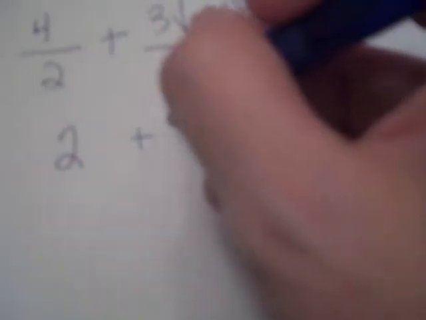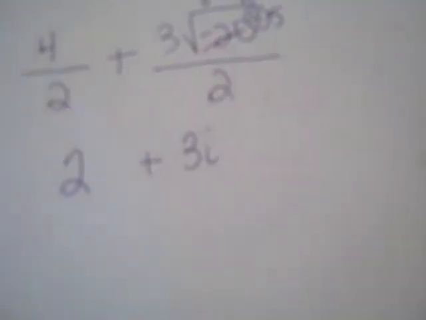And remember, we're getting kind of cluttered around here, so I've already had a 3 out there and I'd already pulled the I out, and now I have a 2 that I just pulled out of that radical, and I still have a 5 left inside that radical. And don't forget, that whole thing is still over the common denominator of 2. So these 2's will cancel.